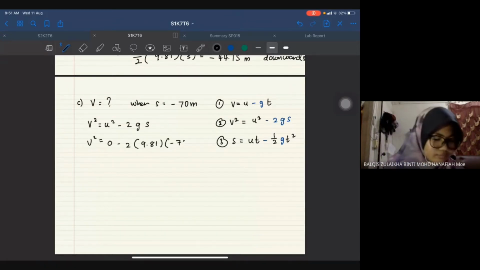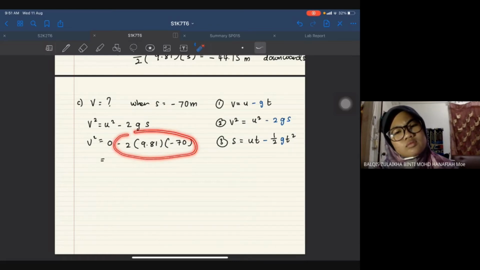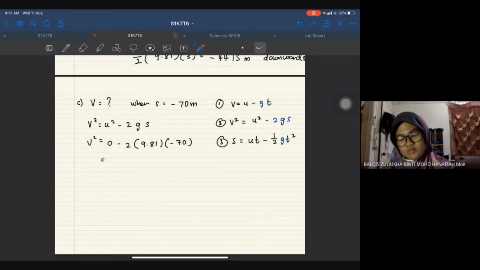Negative 70, this one you have to substitute negative. If you did not substitute negative, you would end up with a negative term here and cannot take the square root, so you would know there is an issue with the equation. I got 37.06. Same as mine. Okay, good.